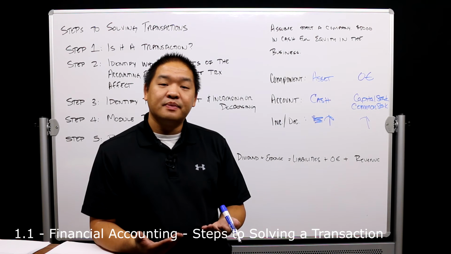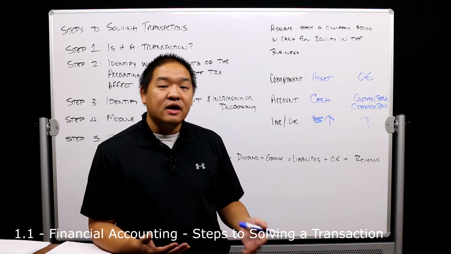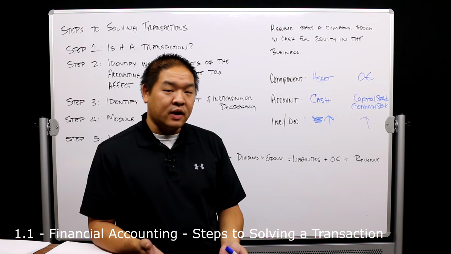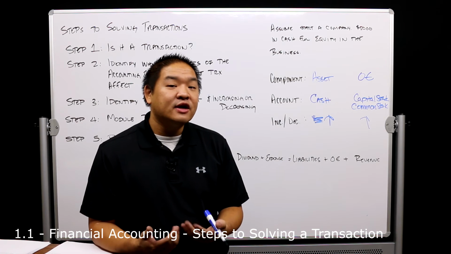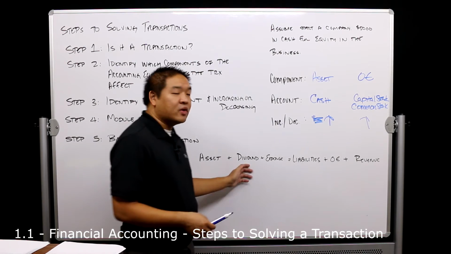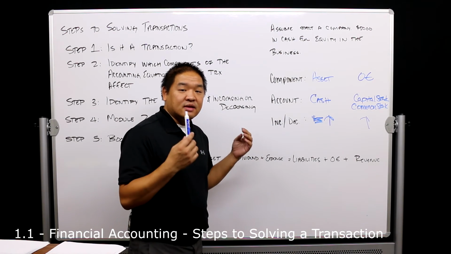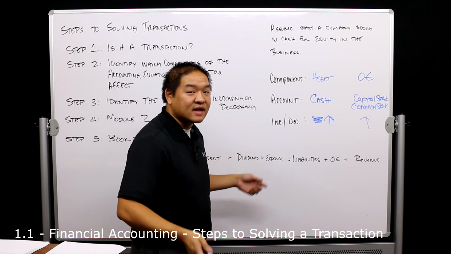It goes up, okay? So those four accounts or four components are scorecards. They keep score for us, okay? So because they keep score for us, we increase them when more activity happens, okay? So when we pay more dividends, we increase it, okay? If we take dividends back, which usually never happens, but if we take dividends back, then we decrease it.